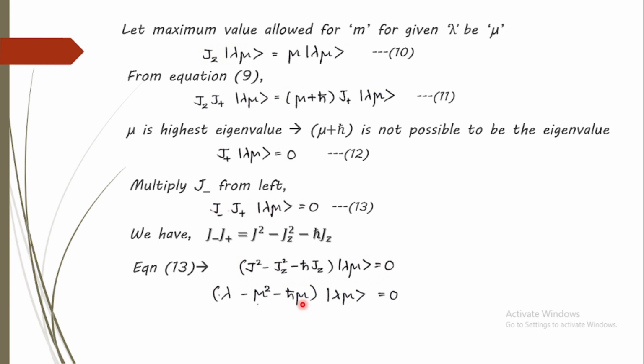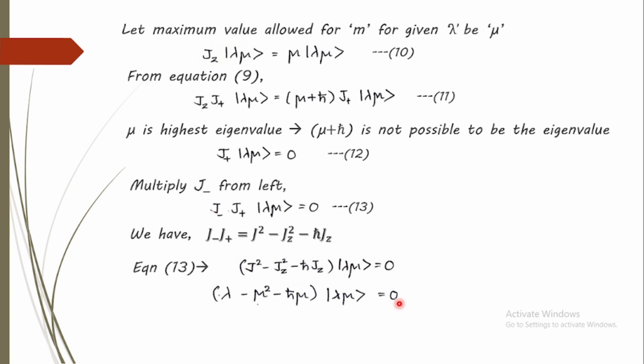After substituting we get this equation, and clearly ket lambda mu cannot be equal to 0, because it is itself an eigenfunction. If there is no eigenket, then we won't have a particle, because any wave function gives us detail about the presence of a particle.